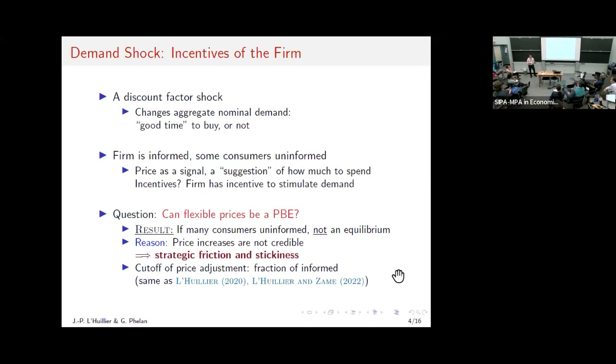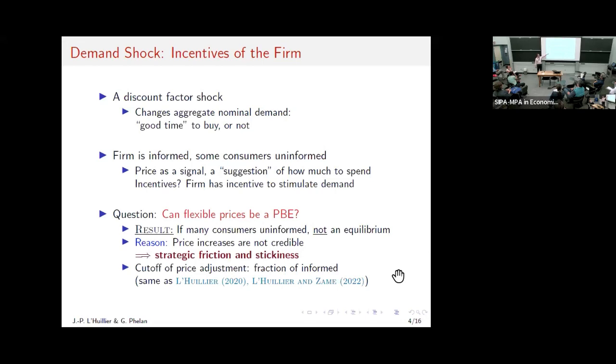And what are the incentives here? Because of this setup, the firm is going to have an incentive to stimulate demand. In other words, the firm would like to increase prices in hopes of convincing the uninformed consumers that it's a good time to buy, because that increases profits of the firm. So the question that we need to ask is, can flexible prices be a perfect Bayesian equilibrium in this case?